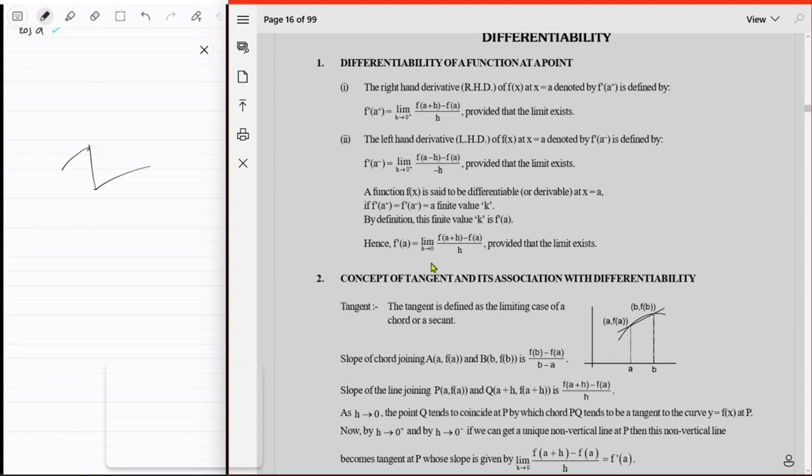So even though your left hand limit and right hand limit for the derivative might be the same, you don't actually have differentiability anymore because look at this, right? You can't have it because this is going to infinity. How can you even do that, right?